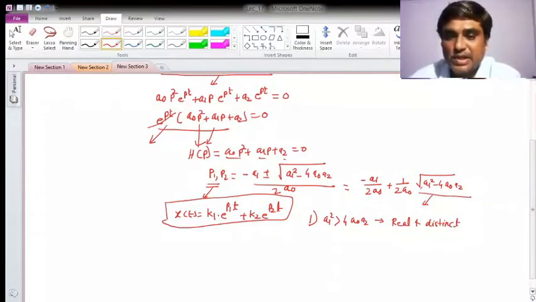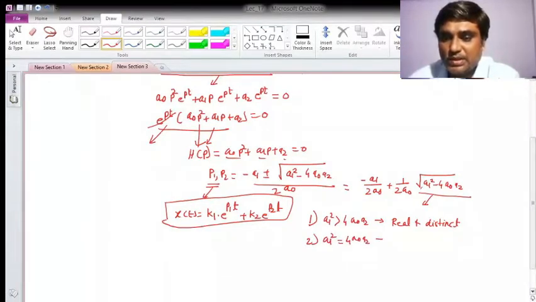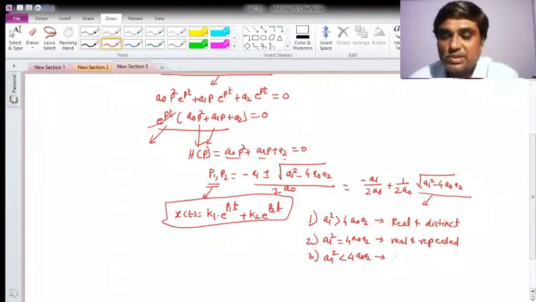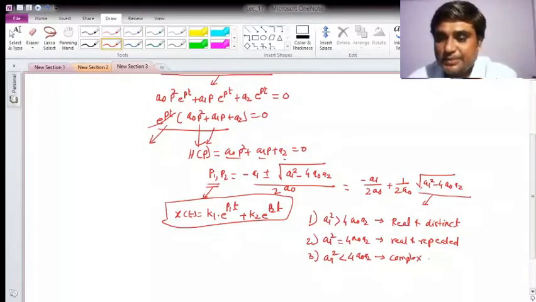That will be the first case. If a1 square is equal to 4a0 a2, then my roots are real and repeated. The next case: if a1 square is less than 4a0 a2, then the behavior of the second order system is different, and the roots will be a pair of complex conjugates.